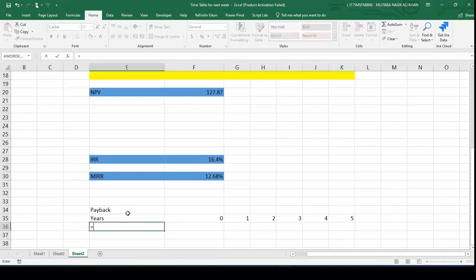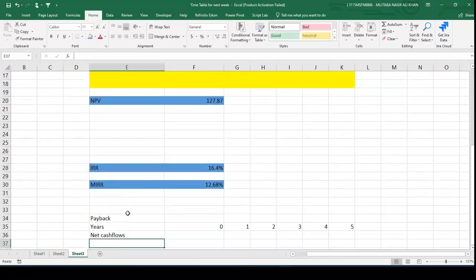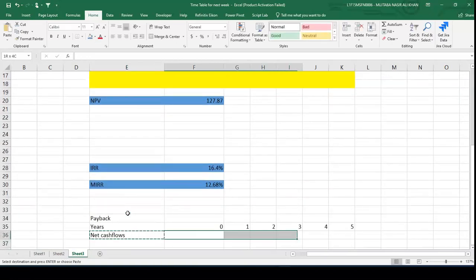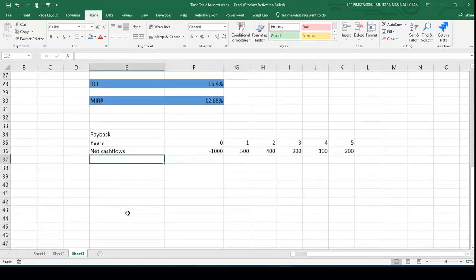Then write the net cash flows. For payback, you need to write cumulative cash flows.